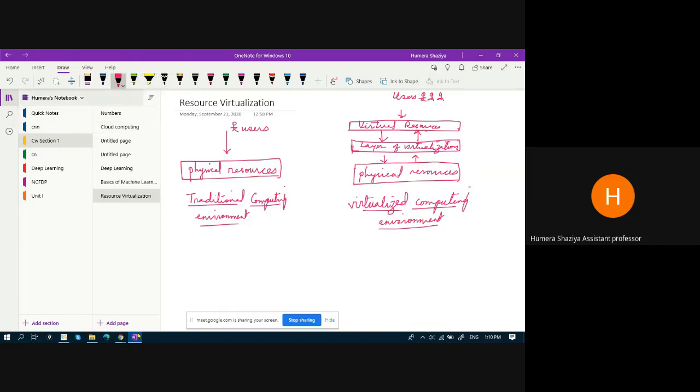So in this scenario, what is happening? This is a very important layer.